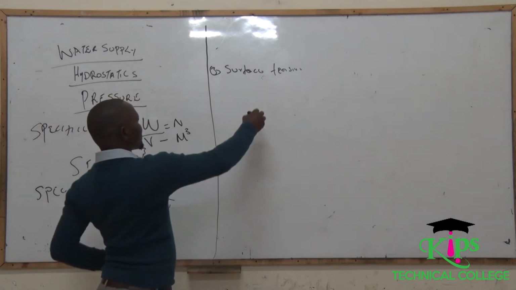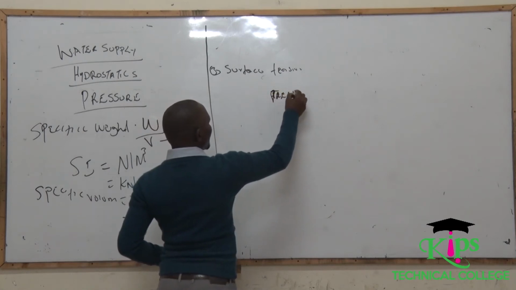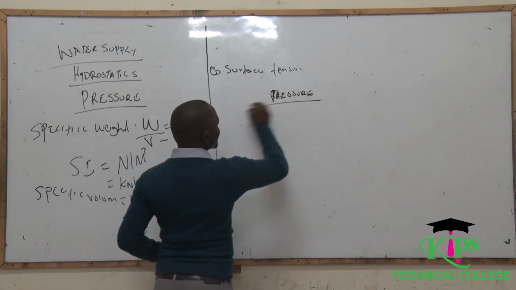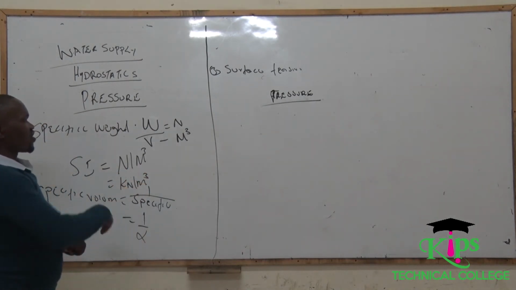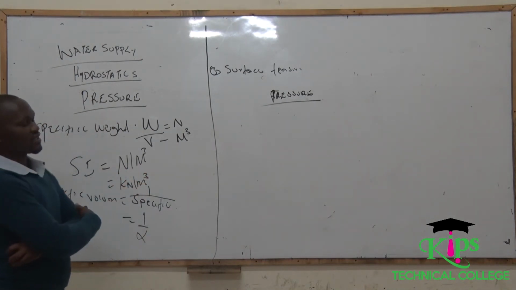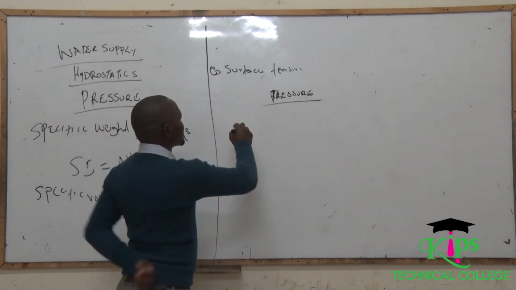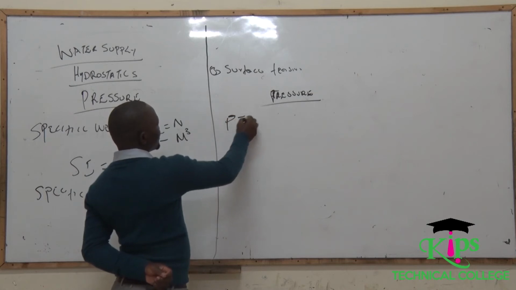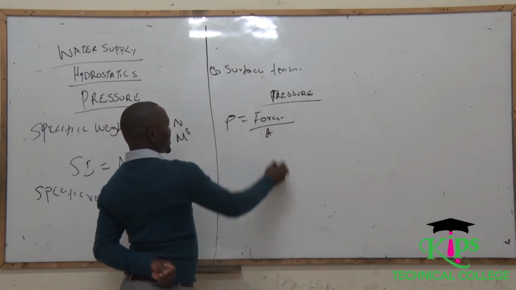So for this class, I wanted to talk about pressure. To start, we need to talk about the types and definitions of pressure and how we can use various equipment to measure pressure. Pressure is the force acting normally, or perpendicularly, per unit area.